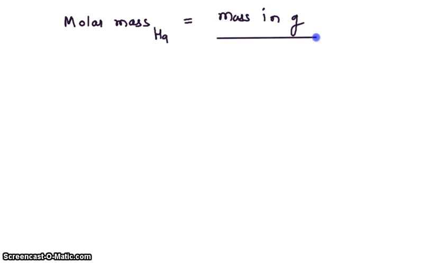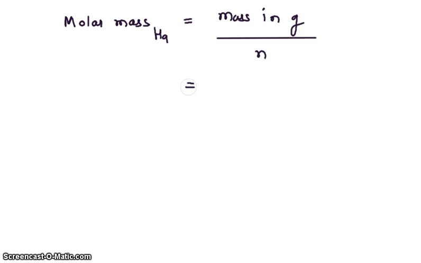So now the next step is to find the molar mass of hemoglobin from its number of moles, and the formula is molar mass is equal to mass in grams divided by the number of moles.